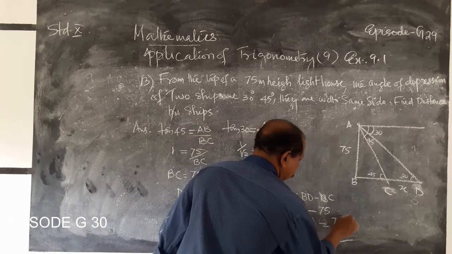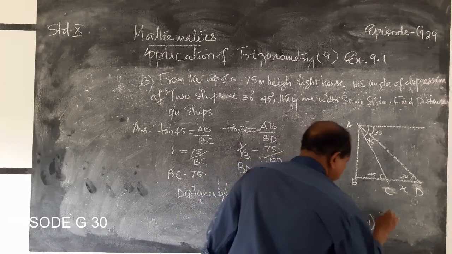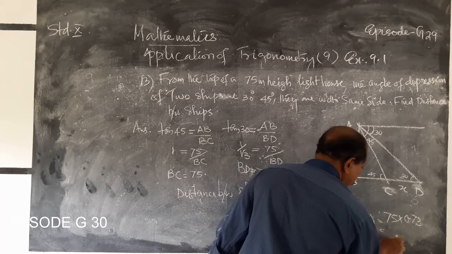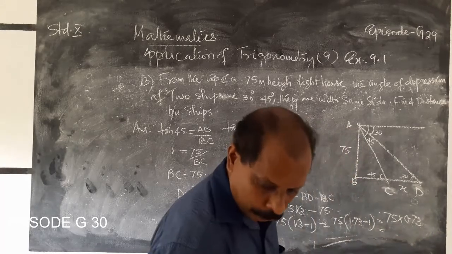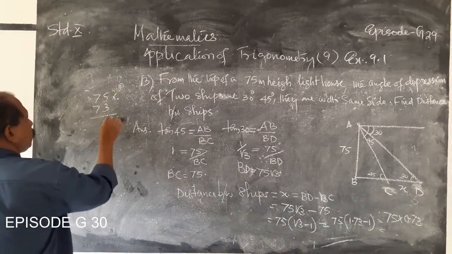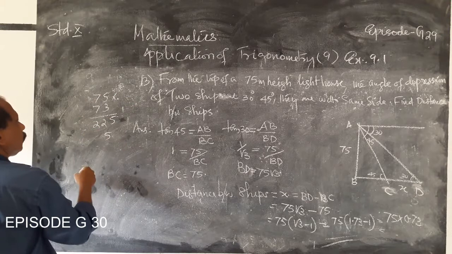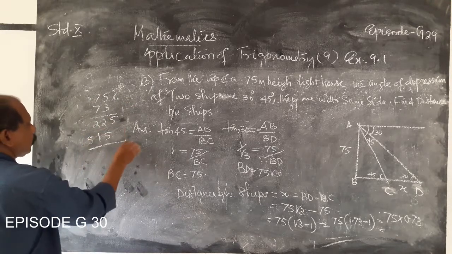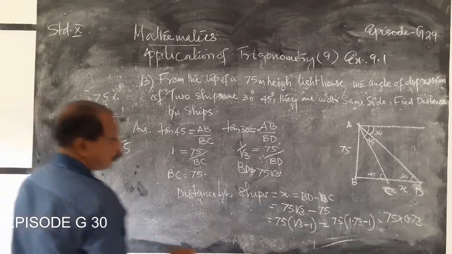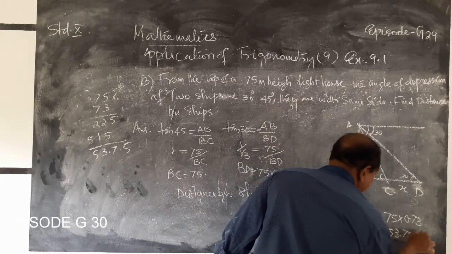Is equal to 75 into 1.73 minus 1, which is equal to 75 into 0.73, that is 75 into 73, which is equal to 53.75 meters.